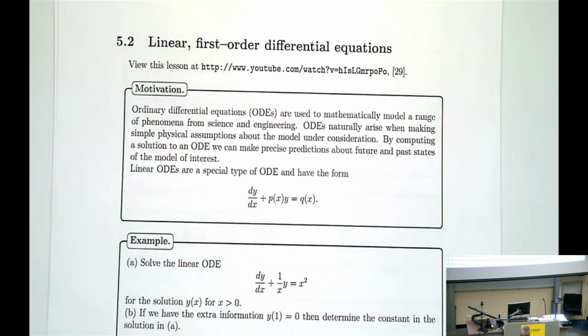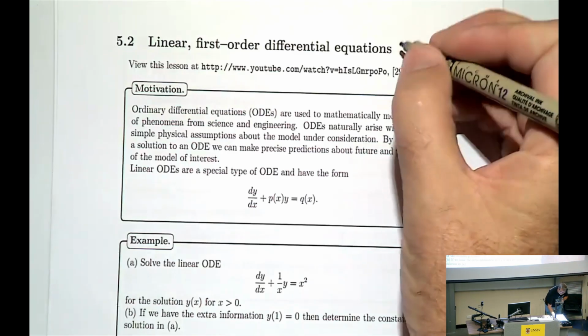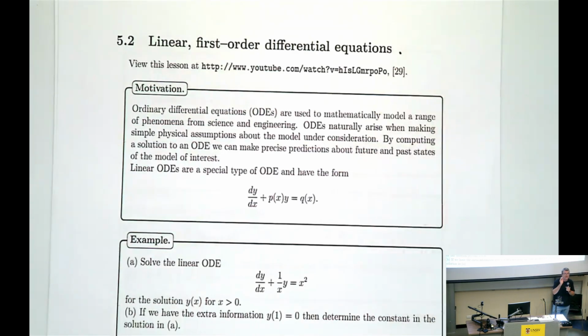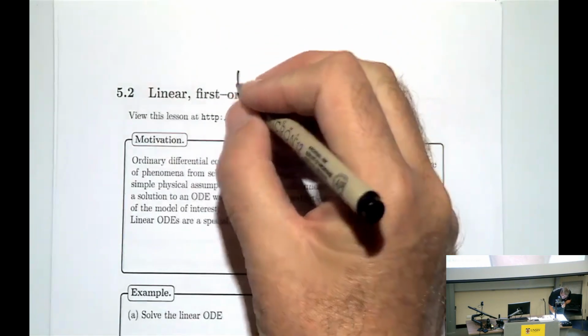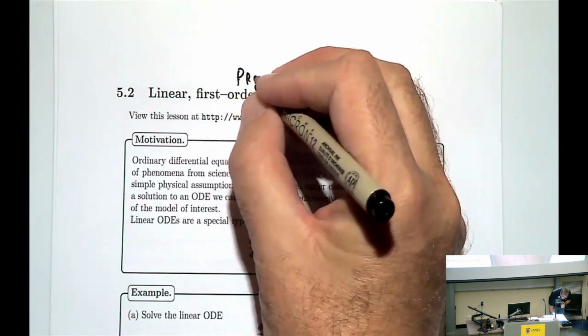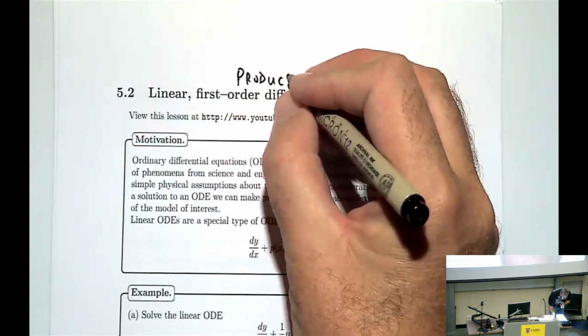So you will, again, have seen this in Math 1231, or 1241, right? And what is the basic calculus thing at work here? It's the product rule.